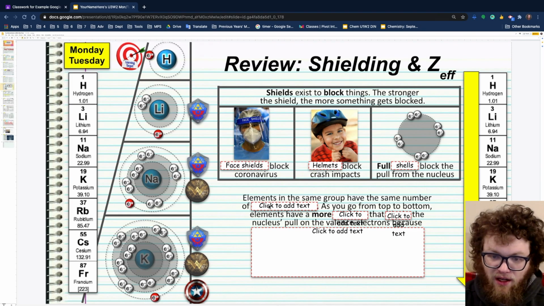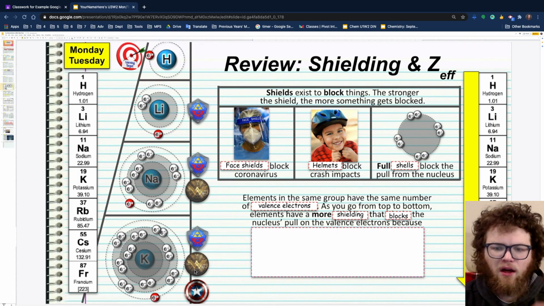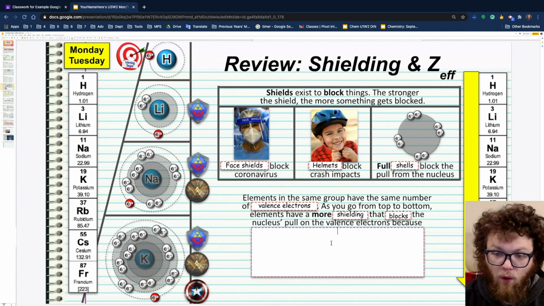So elements in the same group have the same number of valence electrons. As you go from top to bottom, elements have more shielding that blocks the nucleus's pull on the valence electron because why? Pause the video now and explain why.